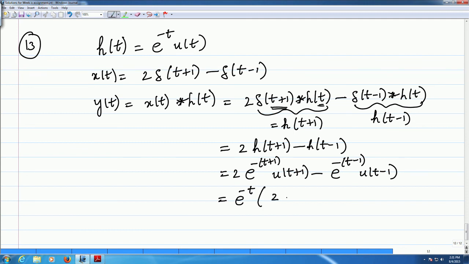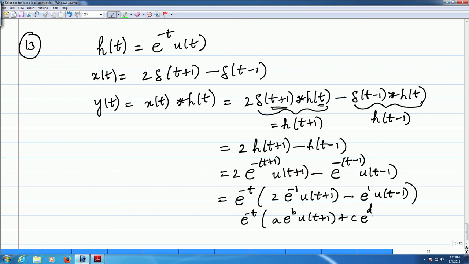You get 2 times e power minus 1 u of t plus 1 minus e power 1 u of t minus 1, and the answer is in the same form, except that you have e power minus t times a e power b u of t plus 1 plus c e power d u of t minus 1, and that reads simply as a equals 2, b equals minus 1, c equals minus 1, d equals 1.